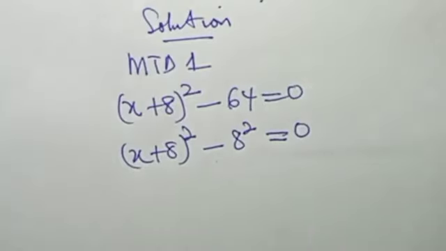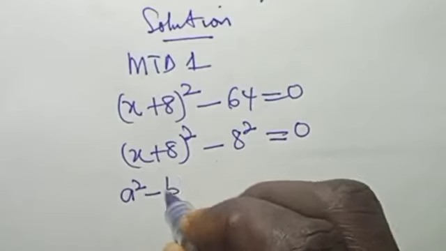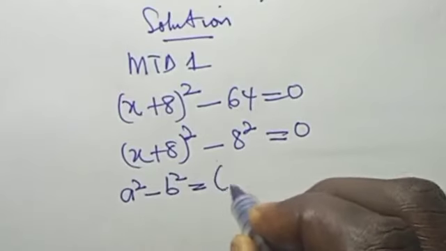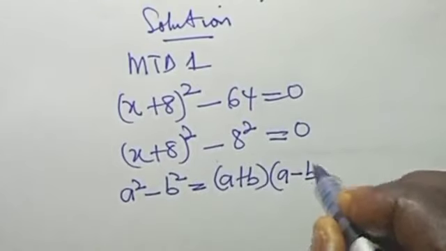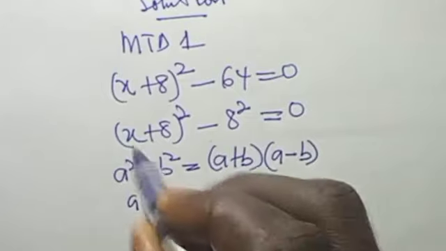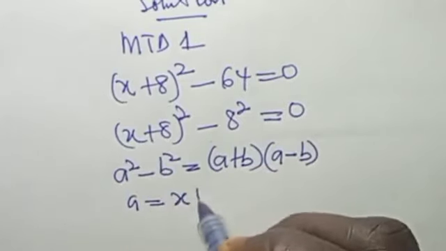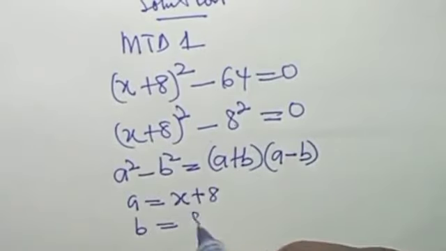Here it is in the form of a difference of two squares, and we're going to use the algebraic identity that says a^2 - b^2 = (a + b)(a - b), where our a is this x + 8 and our b is 8.